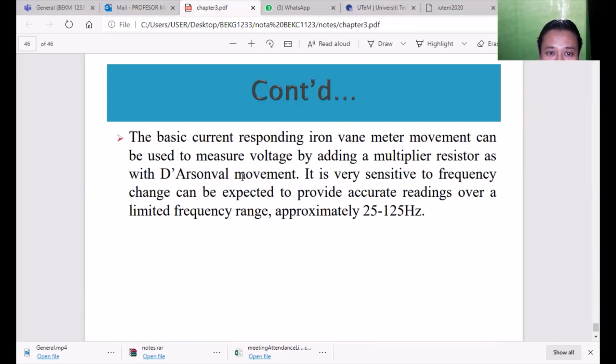It is very sensitive to frequency change, but can be expected to provide accurate readings over a limited frequency range, approximately 25 to 125 hertz. Okay, that's all for the iron vane.